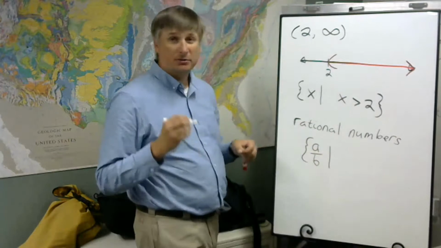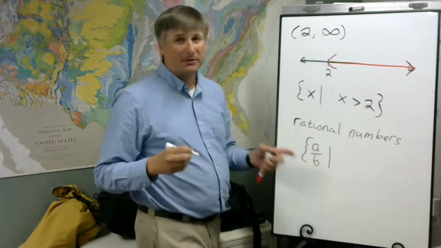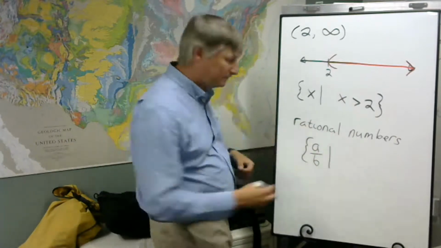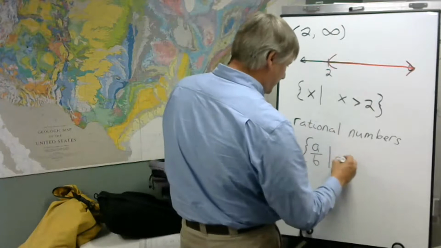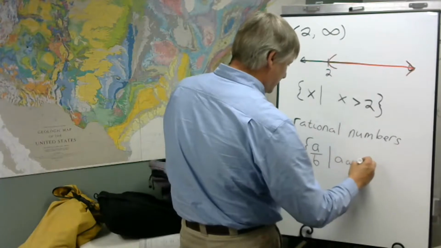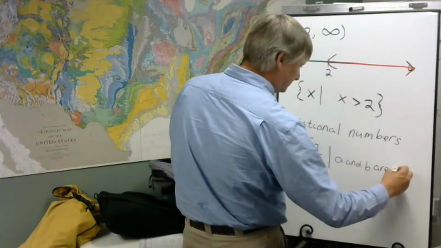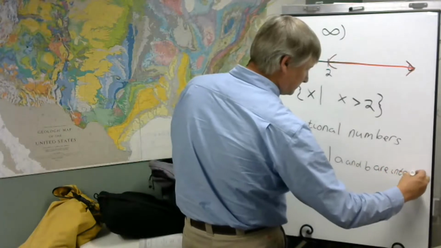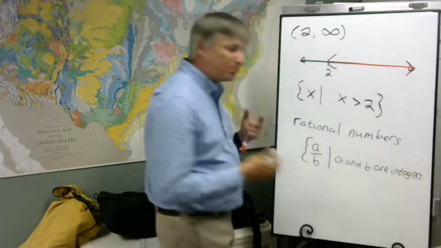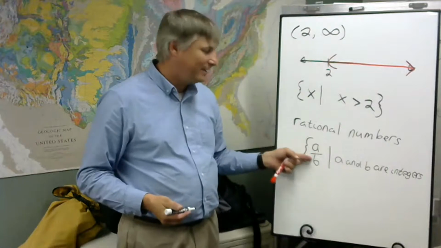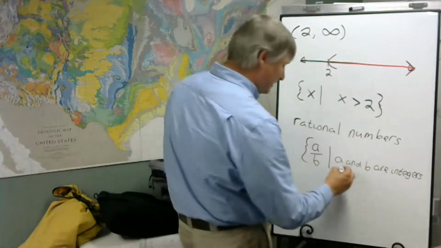Now, we're going to describe the exact properties. There's a few things we want to clarify. First off, A and B are integers. So that's a property of this object. It contains integers.